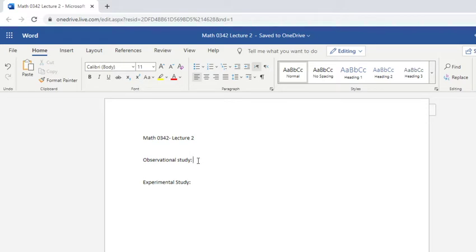So what we can say about this is an observational study is where we observe to get our data and we don't control exposure.